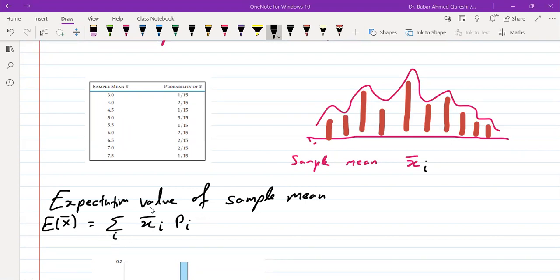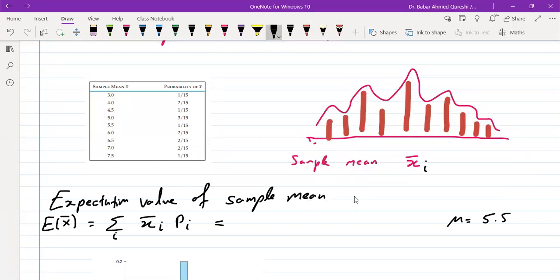So if you use this and compute it, if anyone has a calculator, can you do it? And remember, the population mean is 5.5. Let me quickly do it over here.